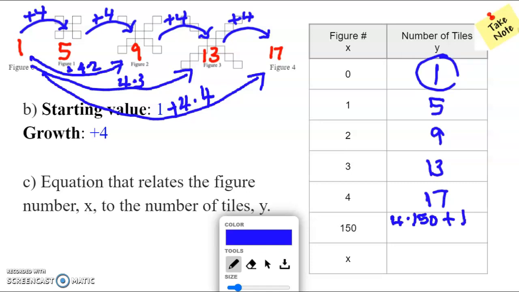That's the starting value. That was why we found that. So 4 times 150 is 600, plus 1 is 601. We can easily figure out what the 150th figure is.